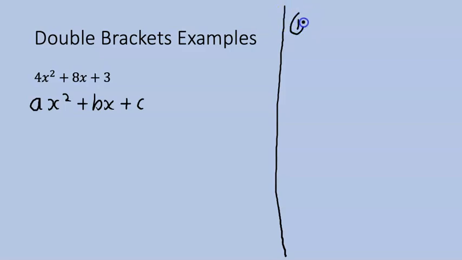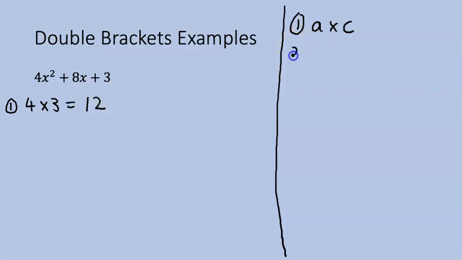So my step 1, from this form here, I'm going to multiply my number in front of my x squared by the number on the end. I'm going to multiply that by that. So here if I just write my step 1, 4 times 3 equals 12.